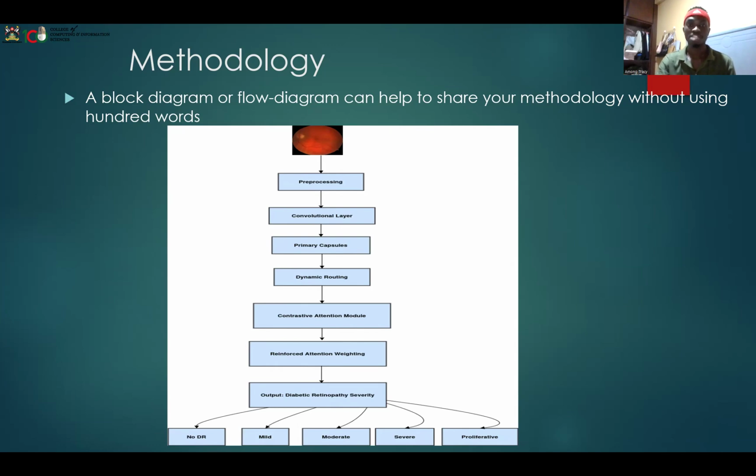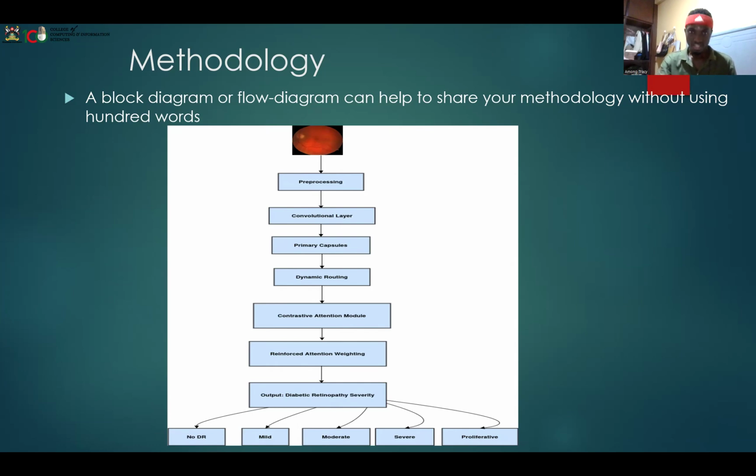Then we move on to the dynamic routing. The dynamic routing is a method capsule networks use to determine the most important features that will greatly affect the performance of our model. From there, we move on to the contrastive attention model.